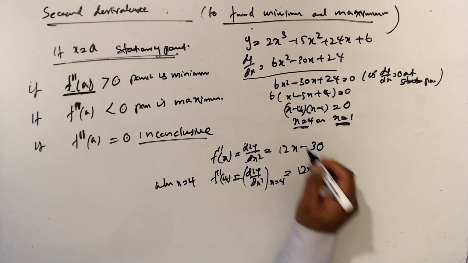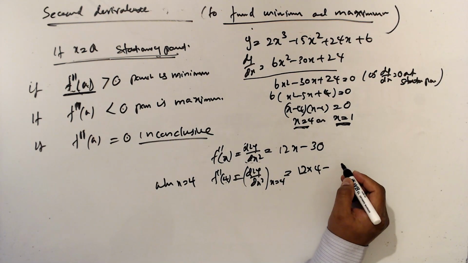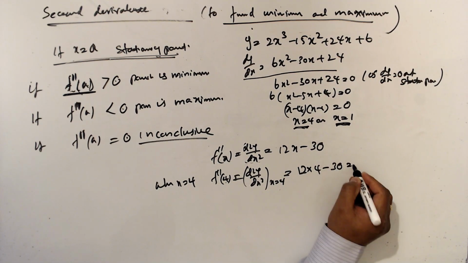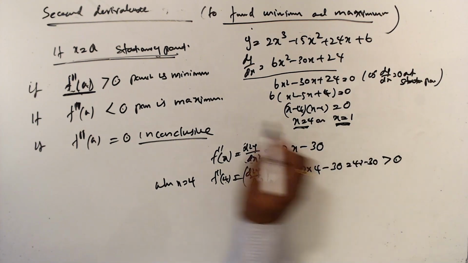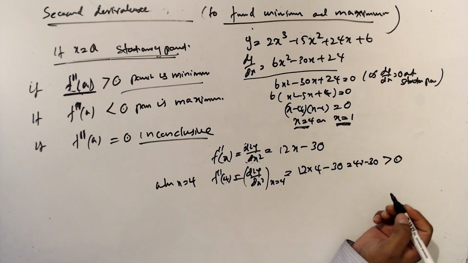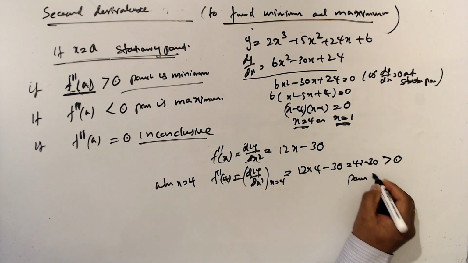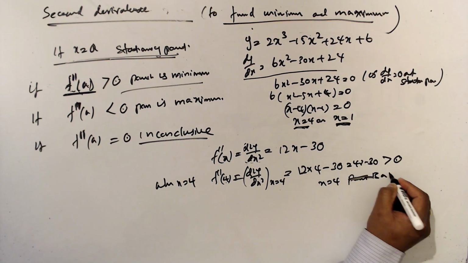We are checking the point 4. Now here you can see you have x, which previously you didn't have. Now this is 48 minus 30, which is greater than 0. If it is greater than 0, the point is a minimum. So x equals 4 is a minimum.